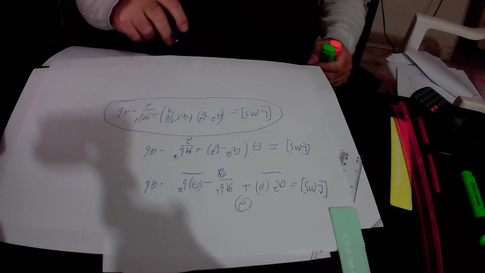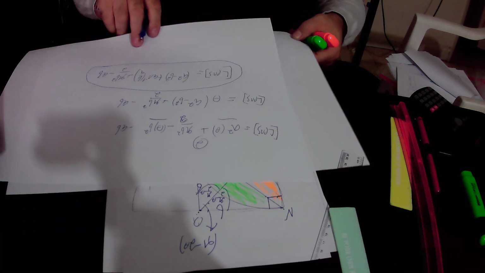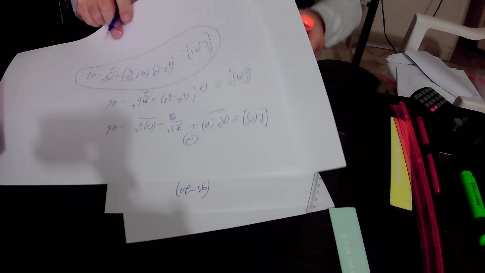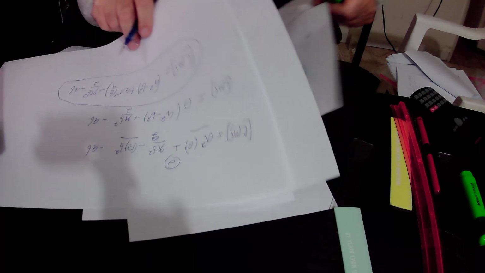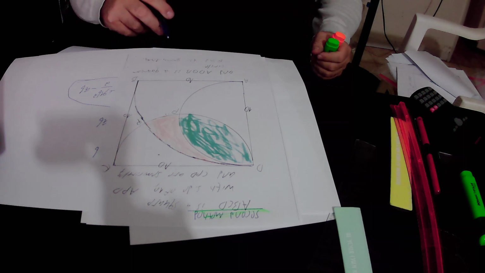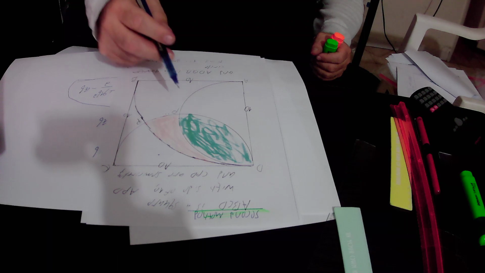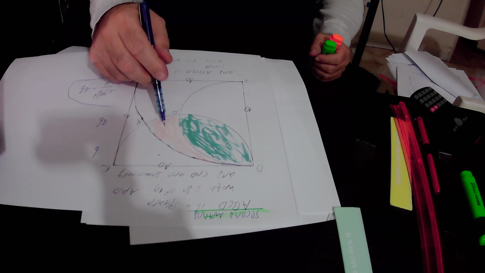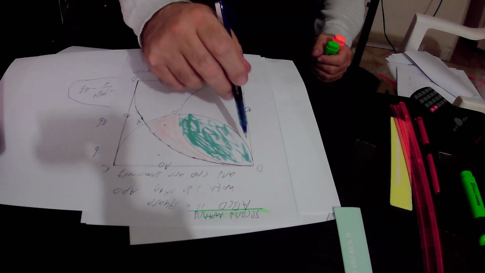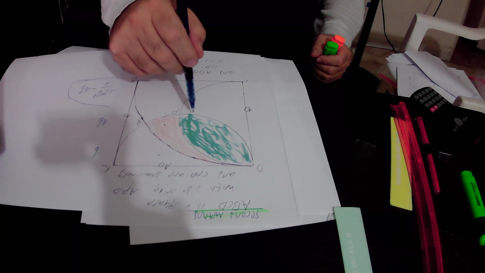Okay, and what is the area of the orange shape? What is the area of the orange shape? As I already mentioned to you in the second method, the area of the blue shape equals the area of the big lens minus the area of the blue lens.